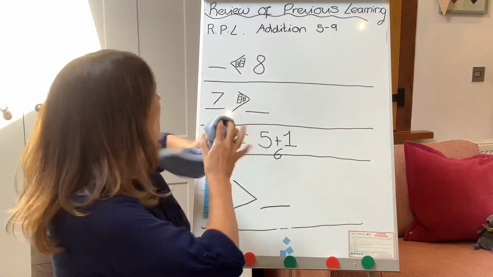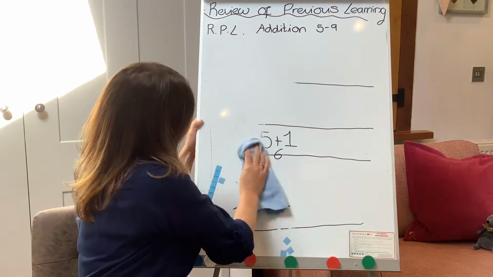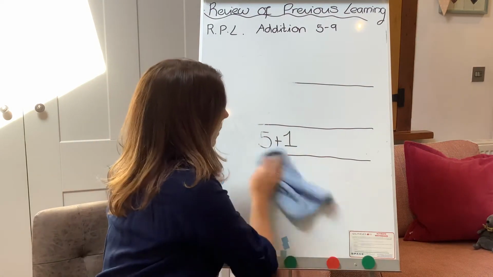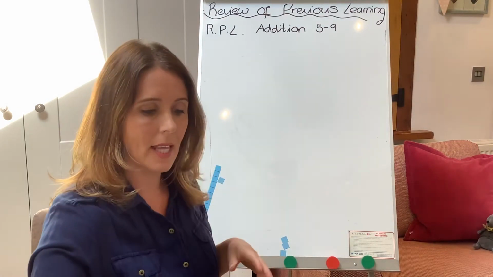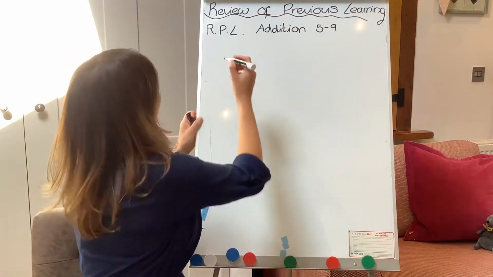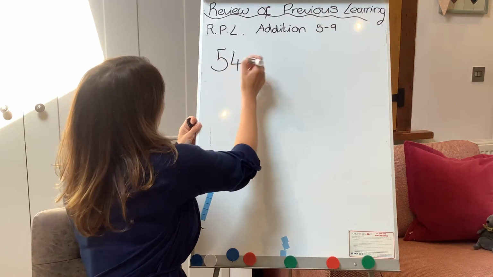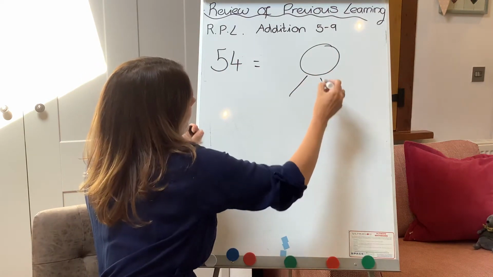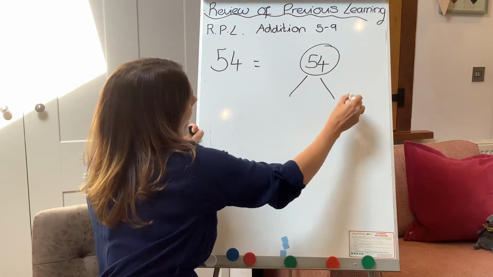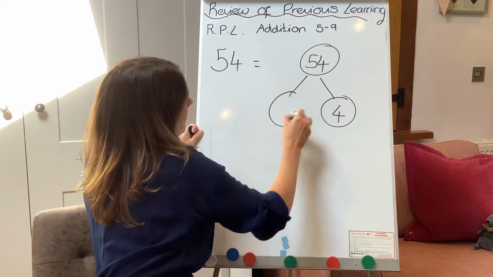Okay, so also in this session, we've been looking at using the part-whole model to partition numbers into tens and ones. So for the number 54, if 54 is the whole, how can you break it into tens and ones? How many tens will you have?